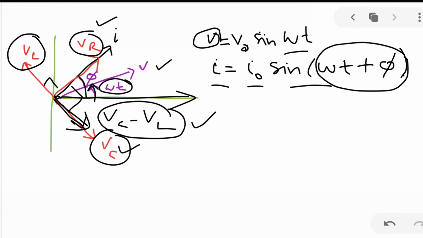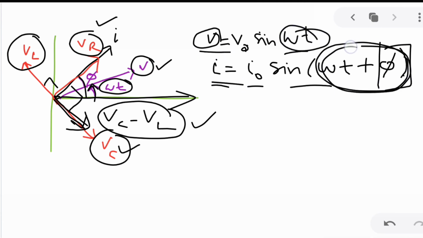This is already omega t, so the angle between voltage and current should be phi. I hope this diagram is clear to you. So phi is the phase difference between current and voltage. That is what we are observing here also, because voltage is sin omega t and current is sin omega t plus phi, so phi is the phase difference.